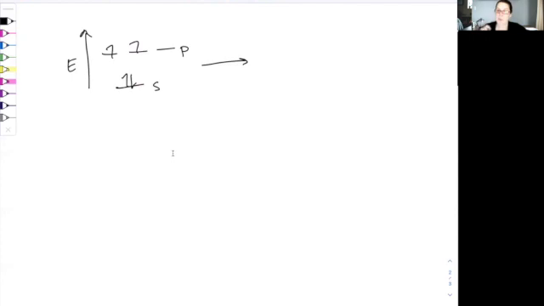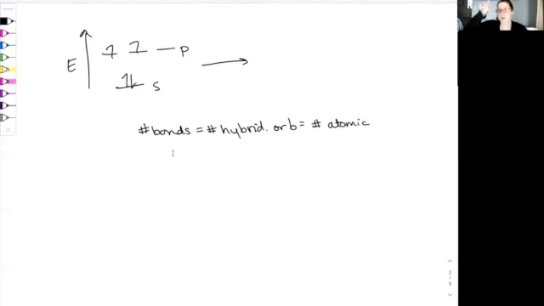So if we want to make 3 equivalent bonds, then we need to have 3 hybridized orbitals. So the number of bonds equals the number of hybridized orbitals, which is going to equal the number of atomic orbitals that we use to make it.